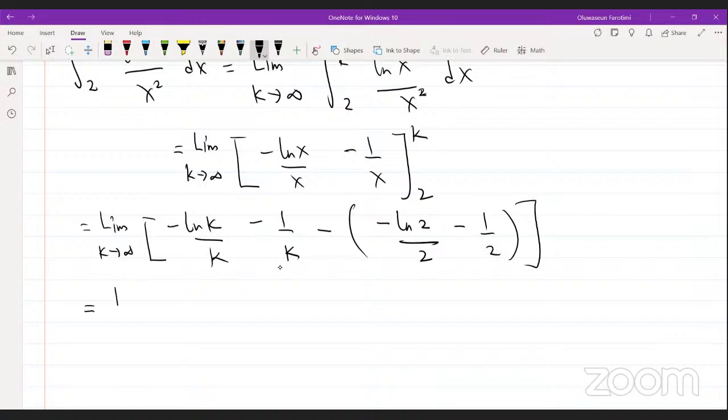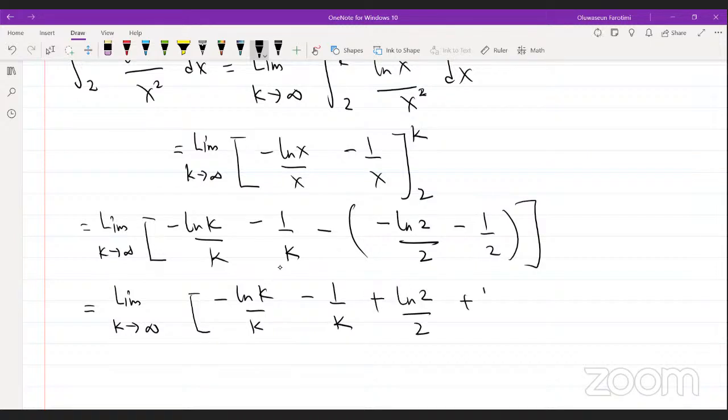If I do the simplification as k goes large, this is negative ln of k divided by k minus 1 over k, plus ln of 2 over 2 plus 1/2.